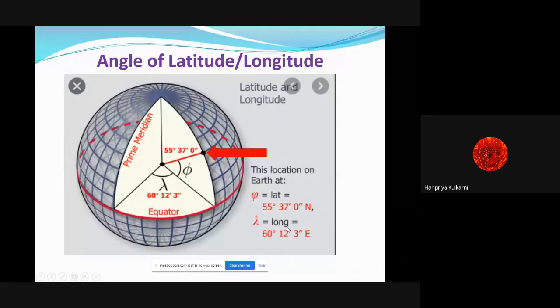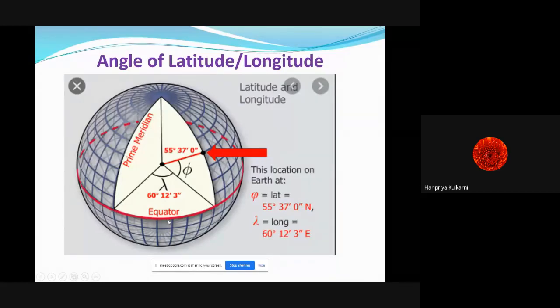Now the next is the longitudinal angle, denoted by lambda. If we measure the angle between the equatorial plane projection of that point and another point on the prime meridian, then that horizontal angle is called lambda, or the longitude angle, and it is measured from the prime meridian.